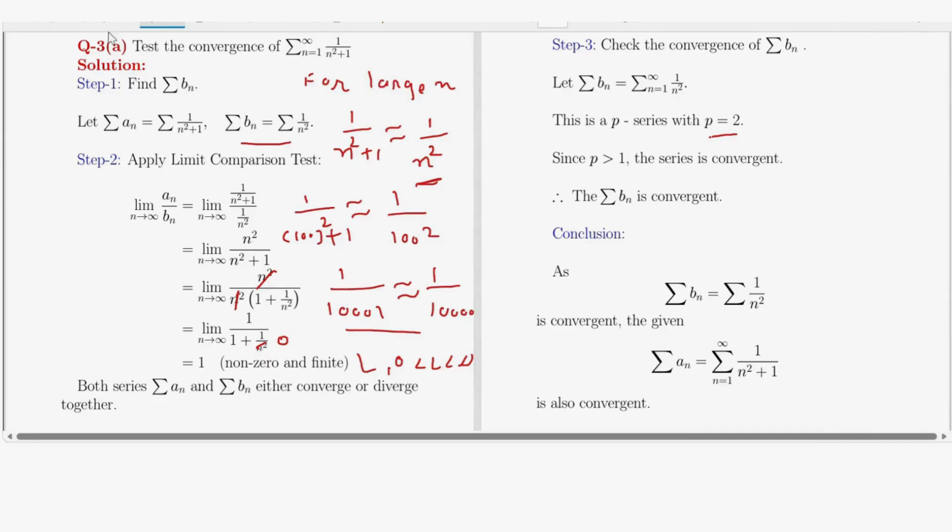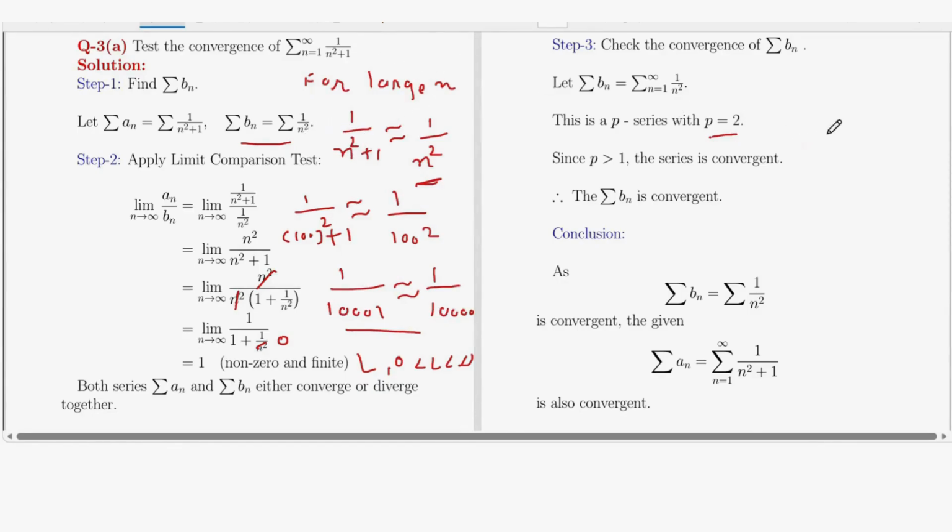So to find the solution of this, what we did: first, for the given series An, find series Bn. Now how to find Bn? This one is the real method. Okay, if you want to find Bn using some trick, then what to do?